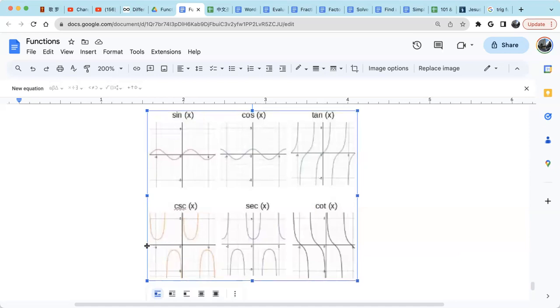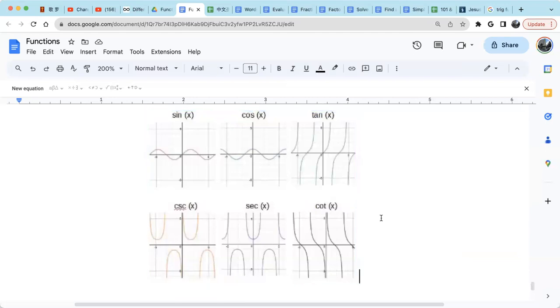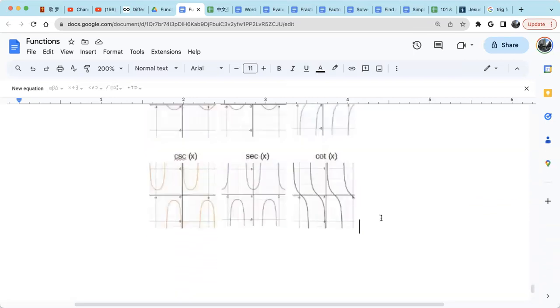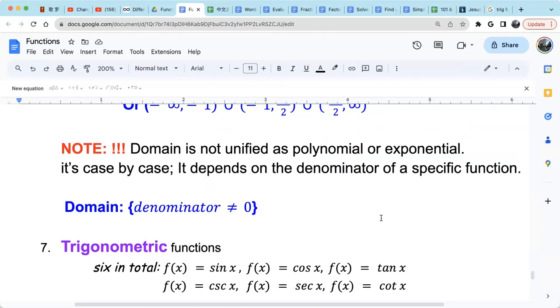So if we trace this out, that's exactly the sine function. Secant is the same thing. Secant is 1 over cosine, so the graph is related to cosine. Cotangent is 1 over tangent. You see, it's also a flip of the graph. So those are the basic 7 types of functions.